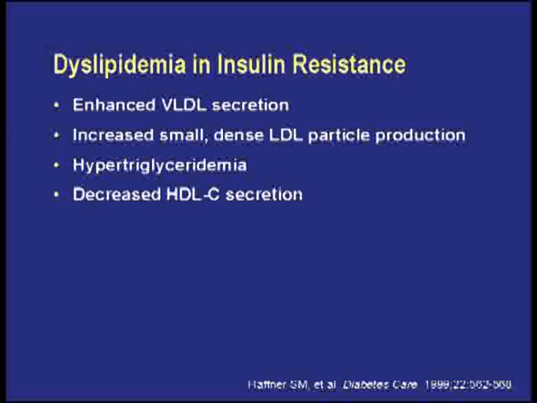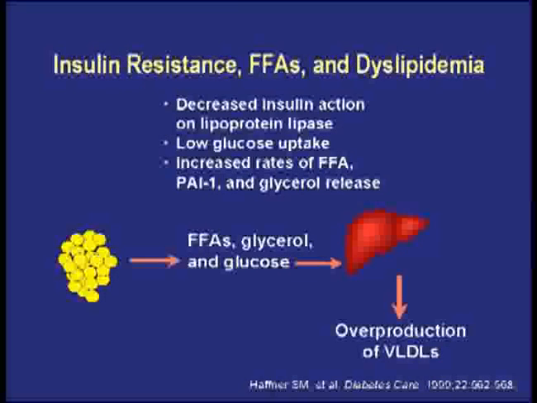So if we look at dyslipidemia and insulin resistance, there is enhanced VLDL secretion, increased small dense LDL particle production, hypertriglyceridemia and decreased HDL secretion, which is a classical atherogenic composition that leads to increased CVD in hypertensive diabetic patients.